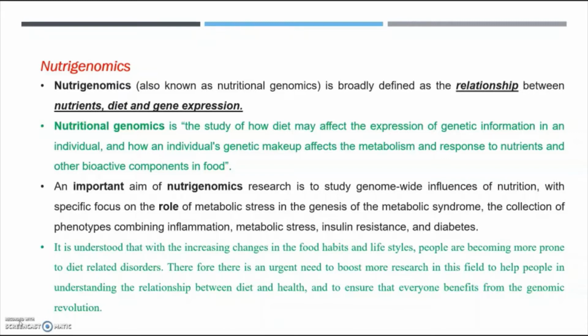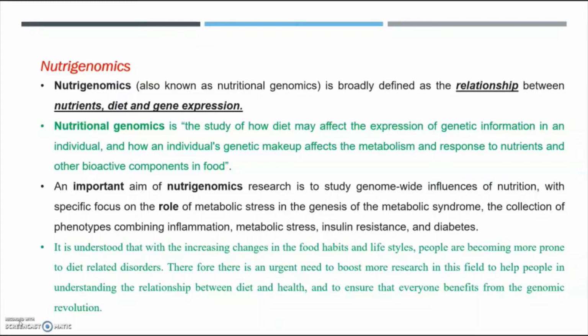So another example I can give you is lactose intolerance. Normally this lactose intolerance is mostly common in adults. That is, the person who is taking the dairy products, it is not metabolized in the person who is having such a condition. So that is mainly due to the mutation of some genes which is responsible for the production of the enzyme called lactase.